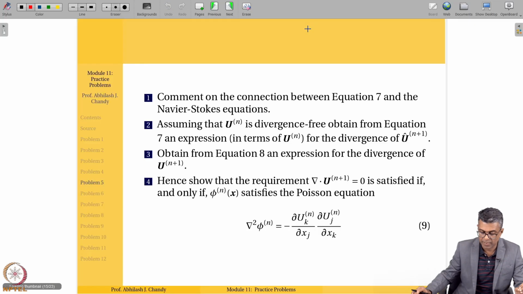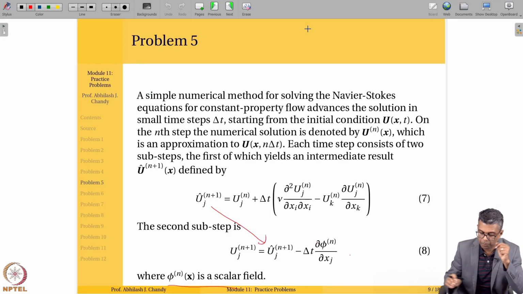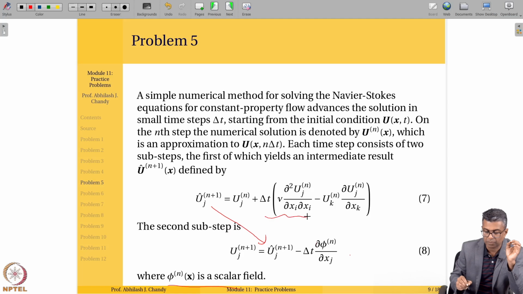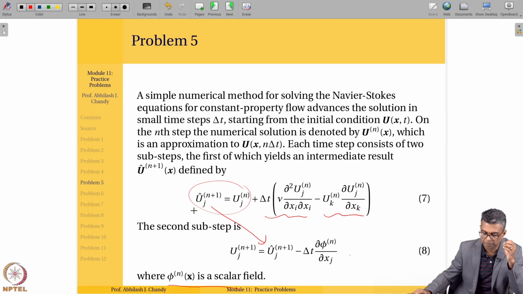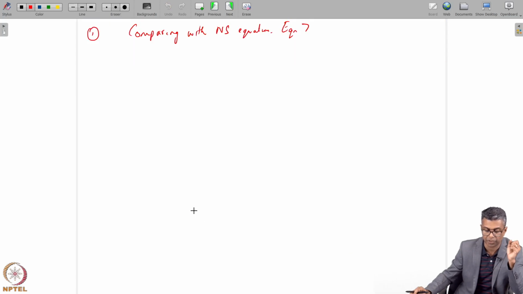It is clearly the temporal discretization of the Navier-Stokes equations, but what is not present here? You will see that there is a viscous term and there is the inertia term. Of course, this relates to the time dependent term, so you are trying to evaluate it at the new time. But what is not there is the pressure term.